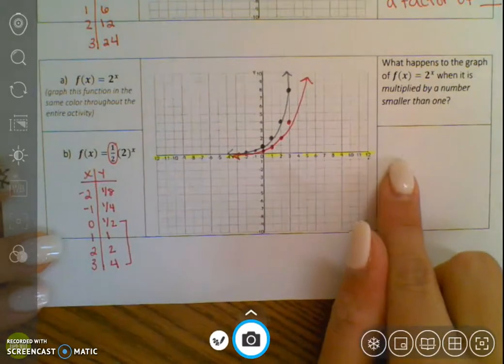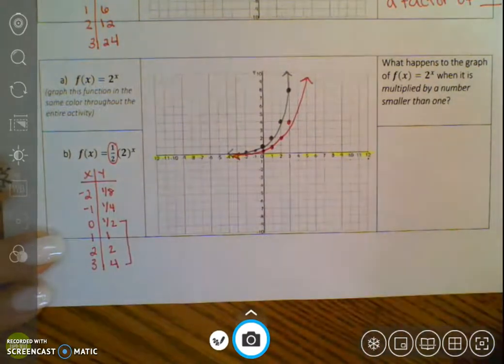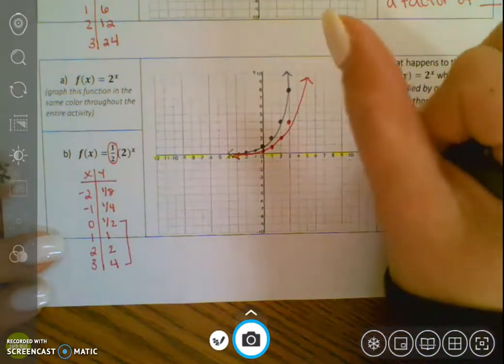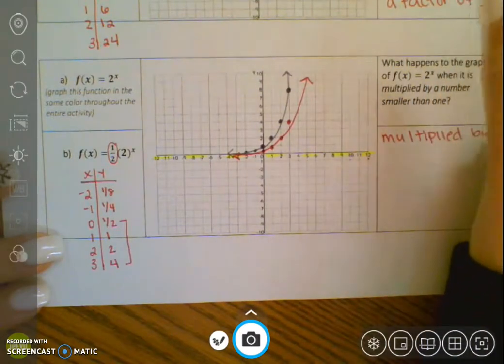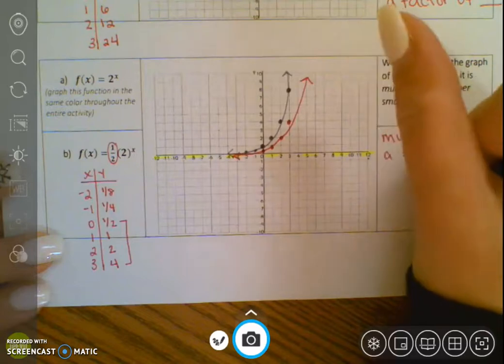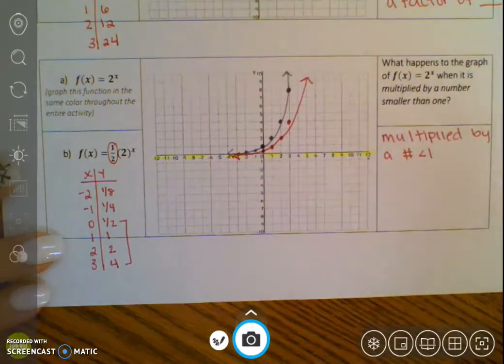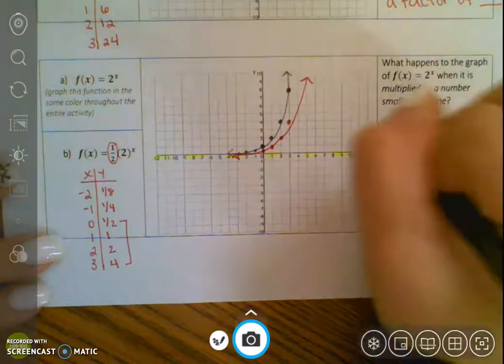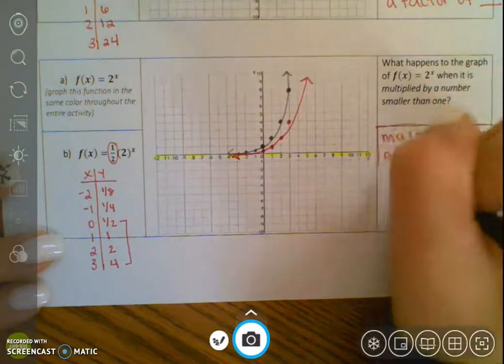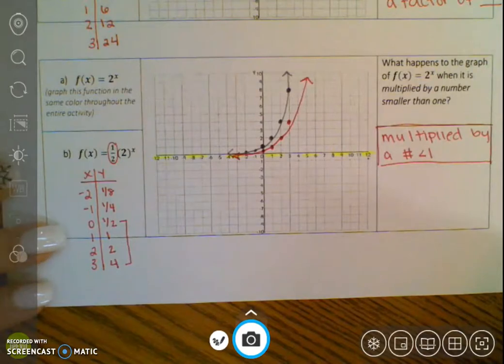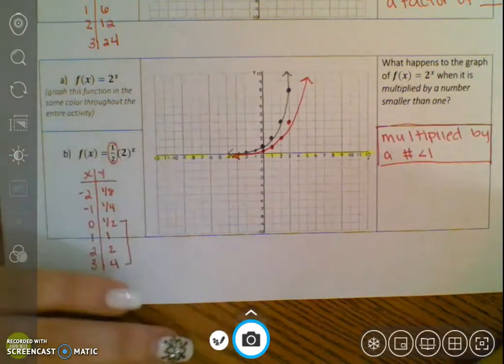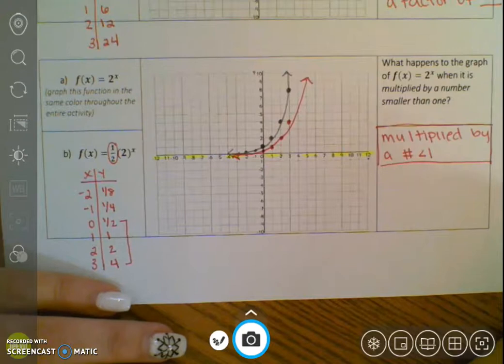So over here, you're going to write multiplied by a number less than 1. And when you do that, it's vertically shrink by a factor of blank.